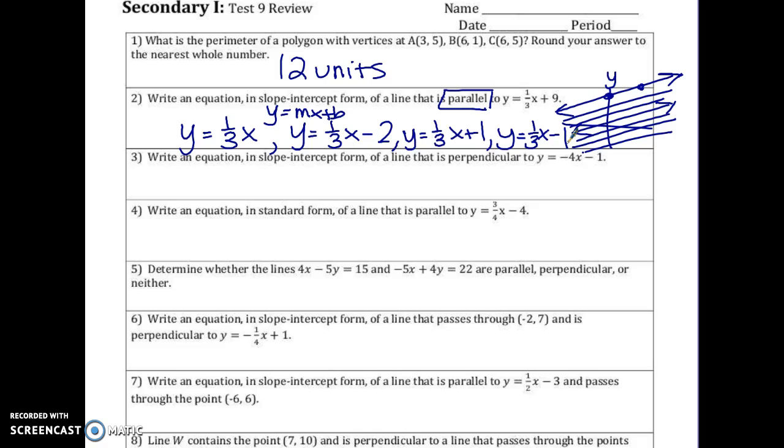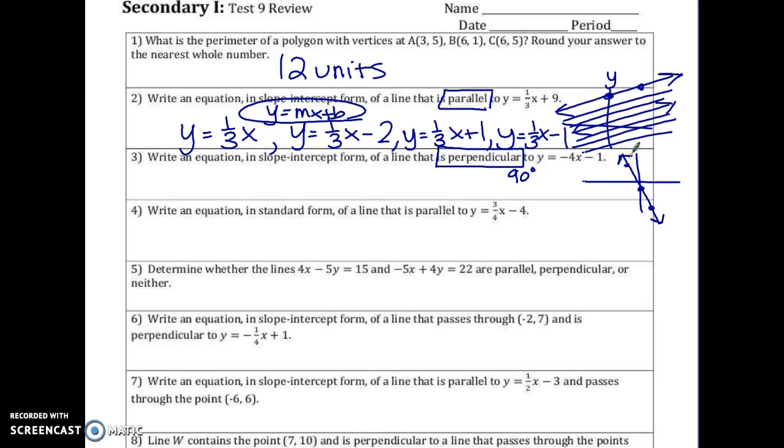Number 3, write an equation in slope-intercept form, same form as before, of a line that is perpendicular. Remember, that's 90 degrees. Okay, 90 degrees, y equals negative 4x minus 1. So if we were to look at a quick sketch of that, that would look something like that.